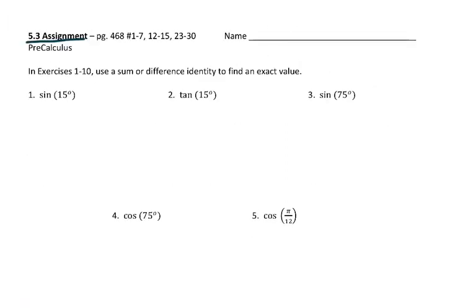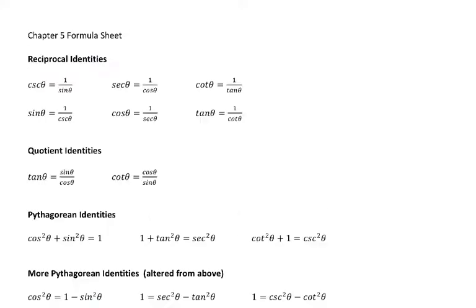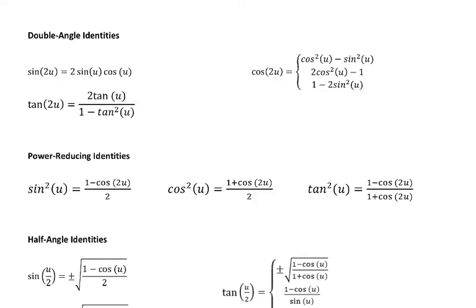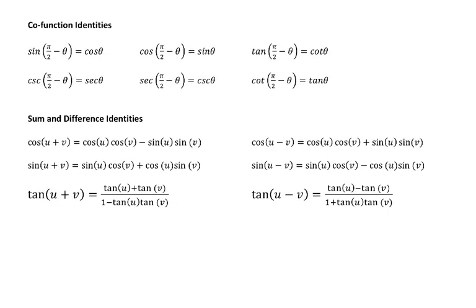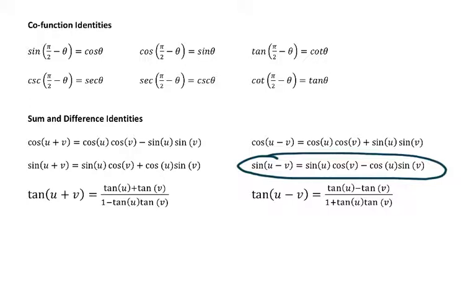Alright, so we're going to change this to sine of 45 minus 30. And so that means that we're going to use our formula of sine minus. And so we're going to get sine of the first thing times cosine minus cosine of the first thing times sine.